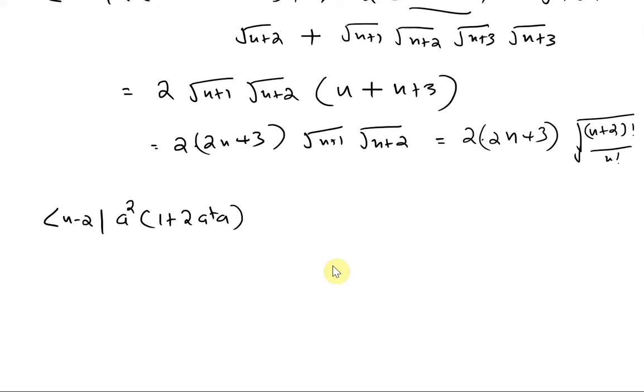This will be one term, and the opposite of that will be the second term, that is 1 plus 2a dagger a into a square operator acting on n.